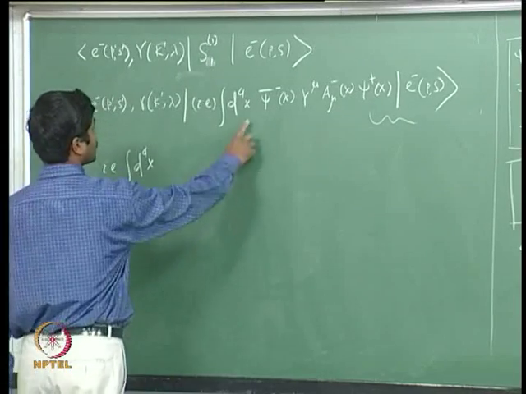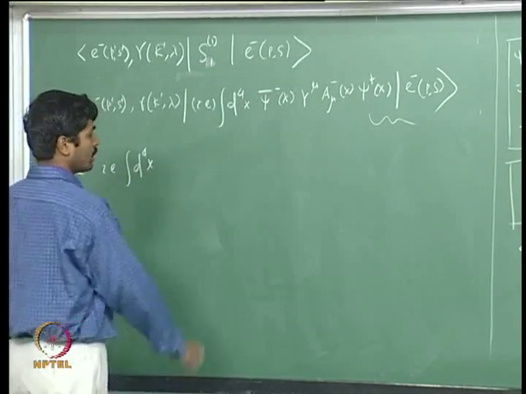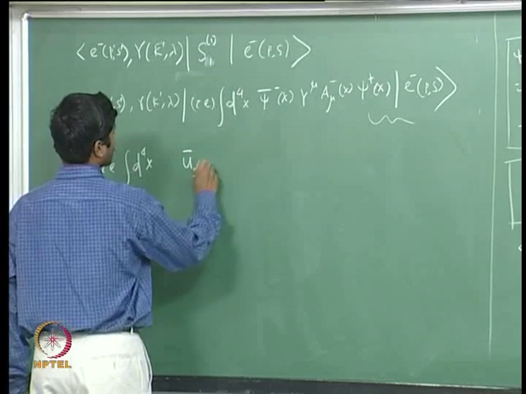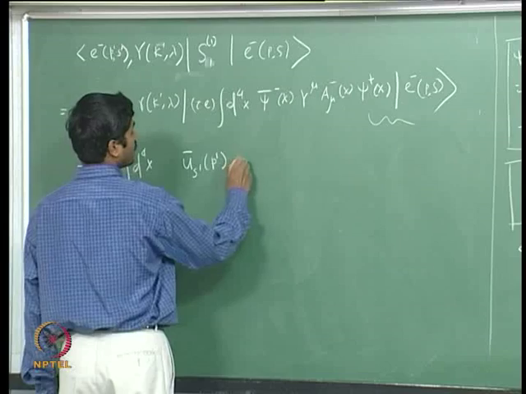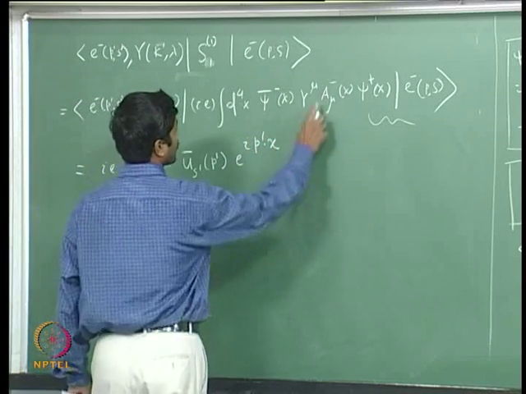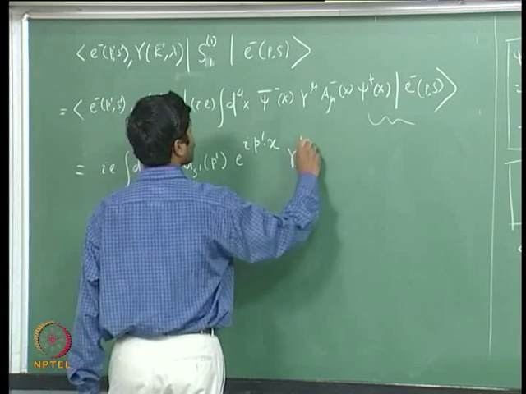Then all that is left is u bar s prime of p prime e to the power i p prime dot x, and then gamma mu.